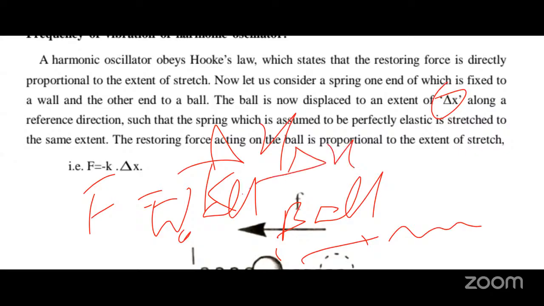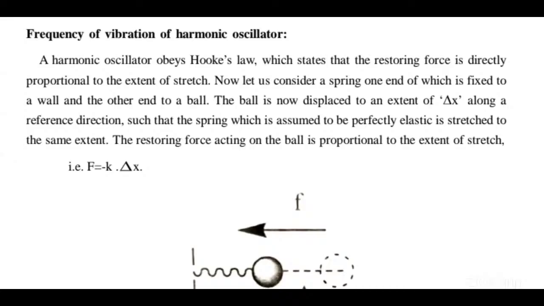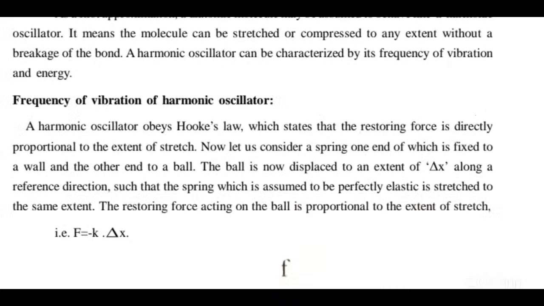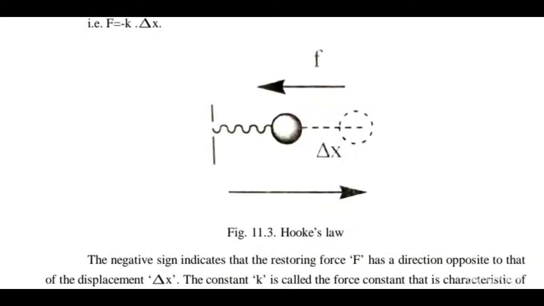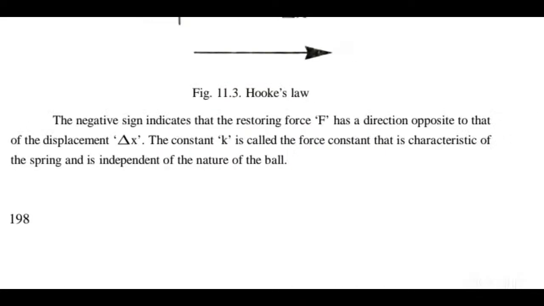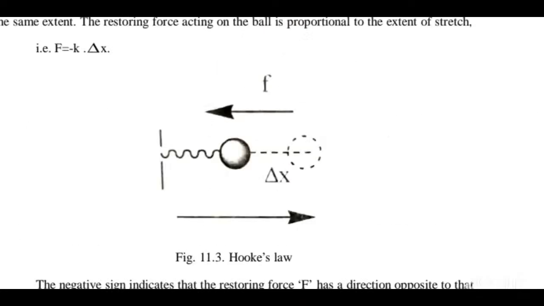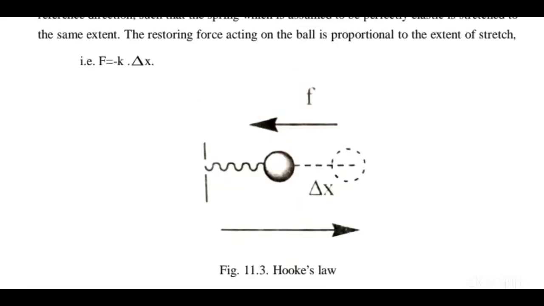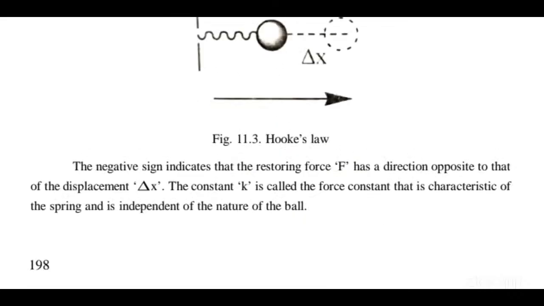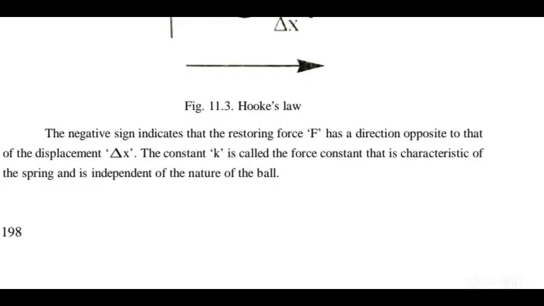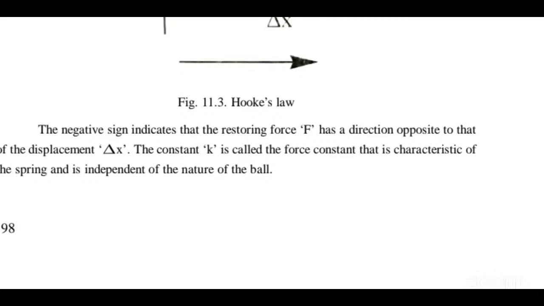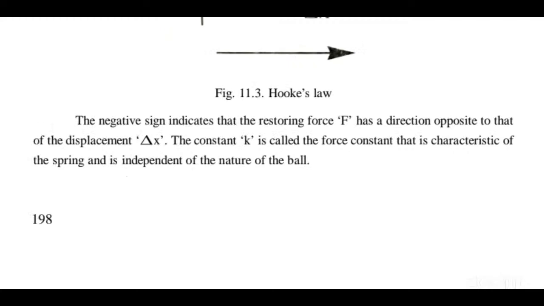Delta x is nothing but the distance, the extent of displacement. Here we have shown it with a minus sign: F equals minus K delta x. The negative sign indicates the direction opposite to that of the displacement delta x.